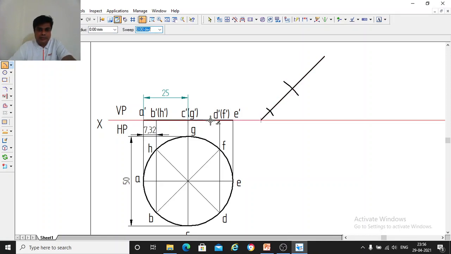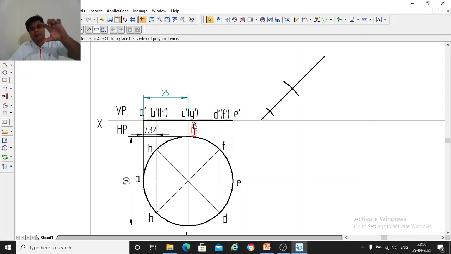Similarly, you measure A dash D dash. So in your compass you take A dash D dash, keep the center on A dash and draw the D dash.